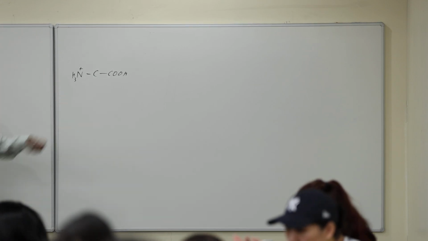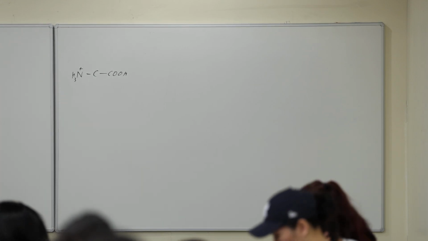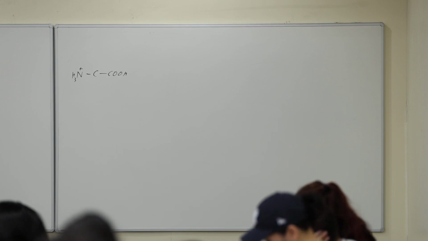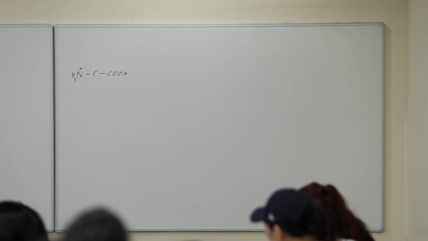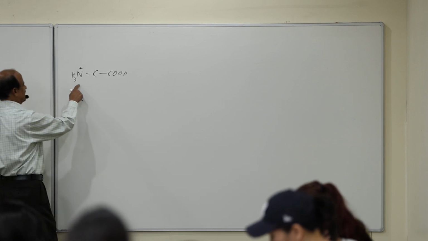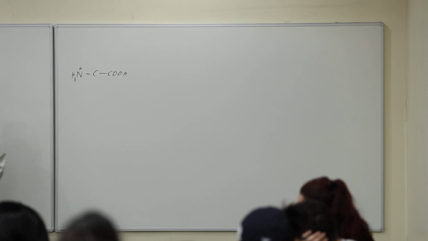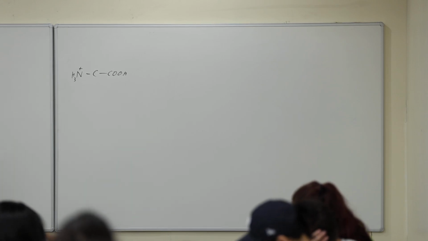I'm not writing the R group, it can be any of these. So let's say the pK of this one is 9 and this is 2. They are not exactly that, but it depends on the amino acid.